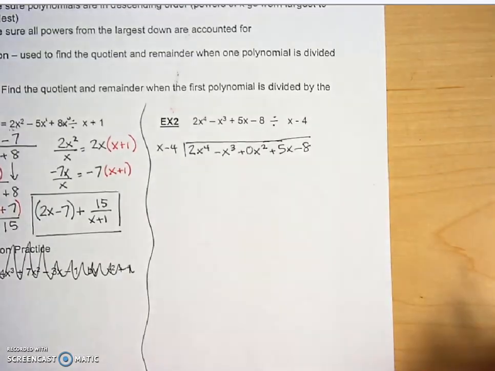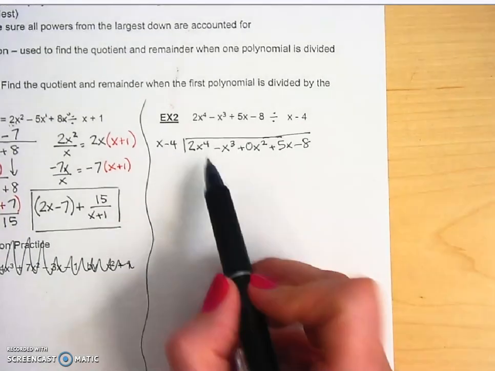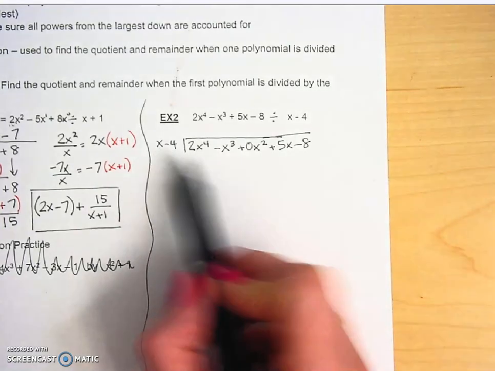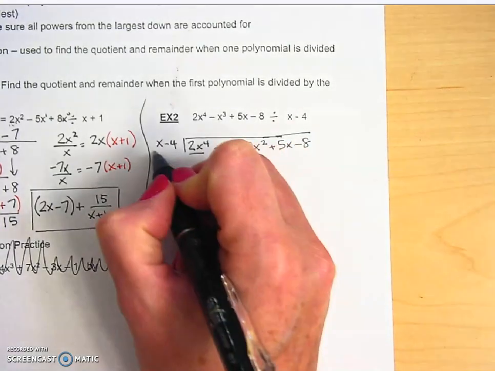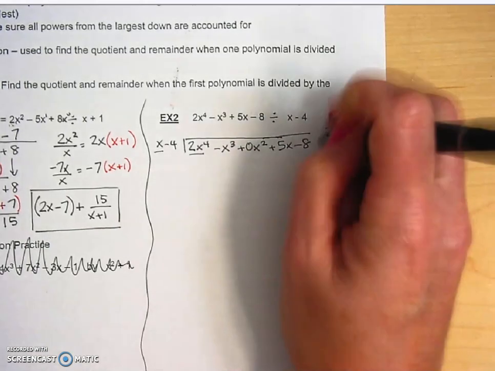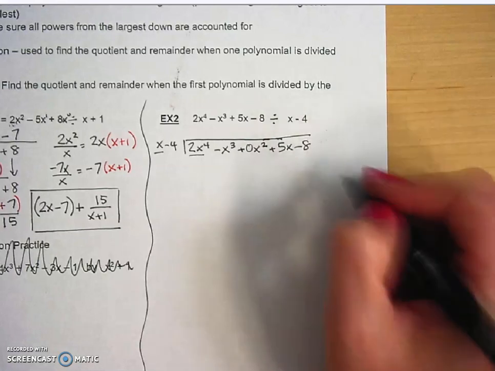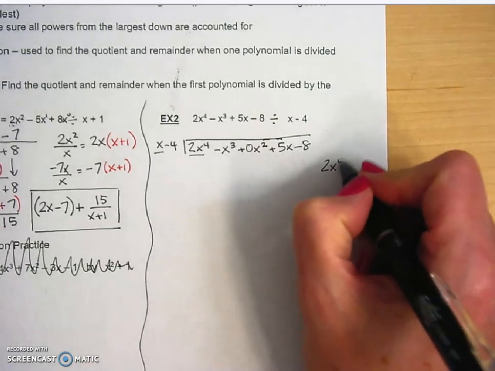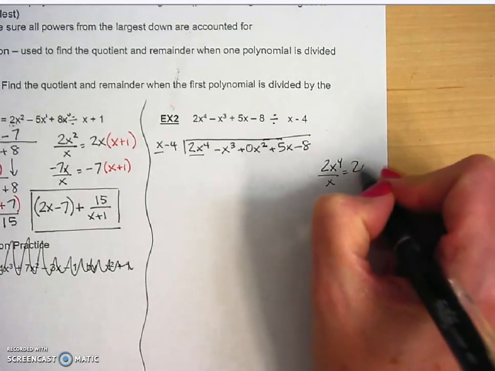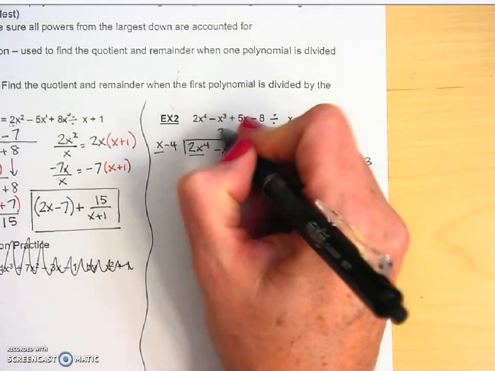So I start by doing 2x to the 4, so the first term here, 2x to the 4 divided by x is 2x cubed, and I'm going to line that up above my negative x cubed.